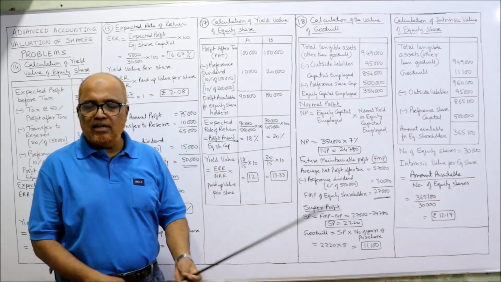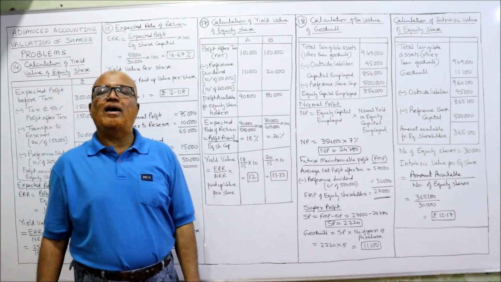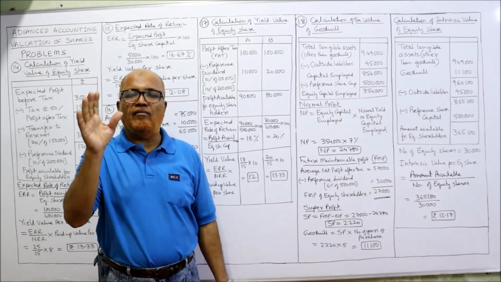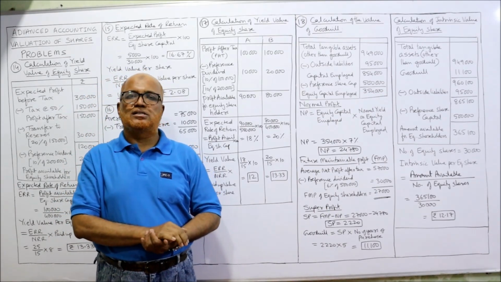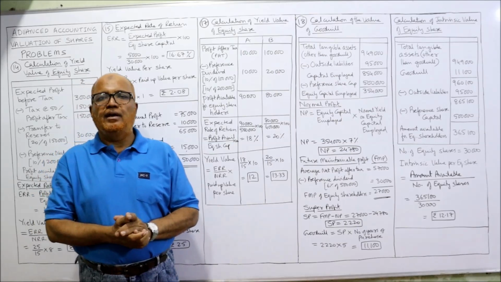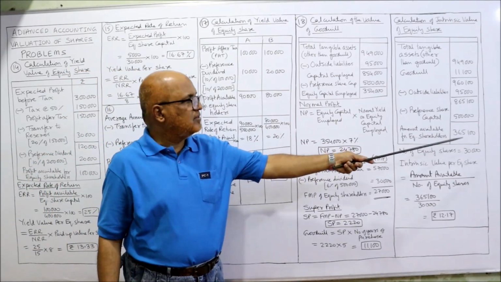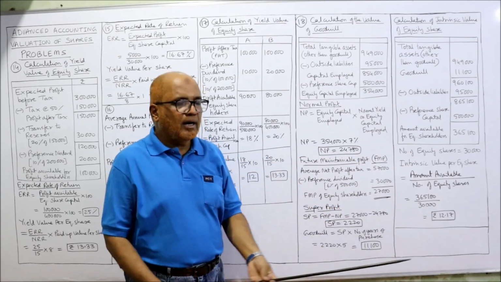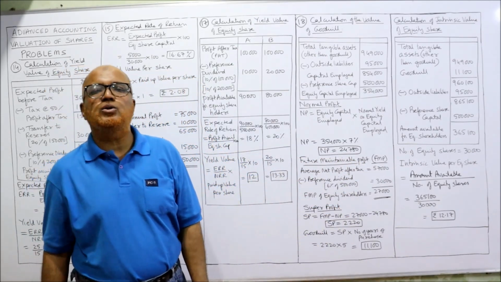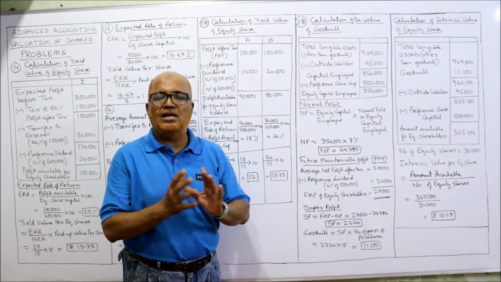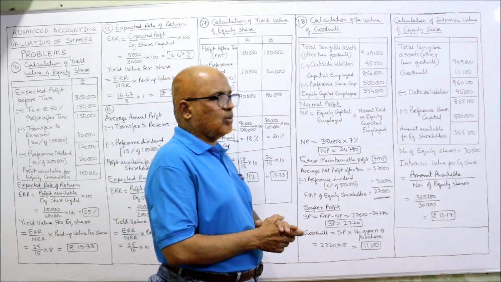And we know the intrinsic value formula. Intrinsic value is equal to amount available for equity shareholders divided by number of equity shares. So amount available is 3,65,100 divided by 30,000. You will get rupees 12.17. This is the intrinsic value of equity share.